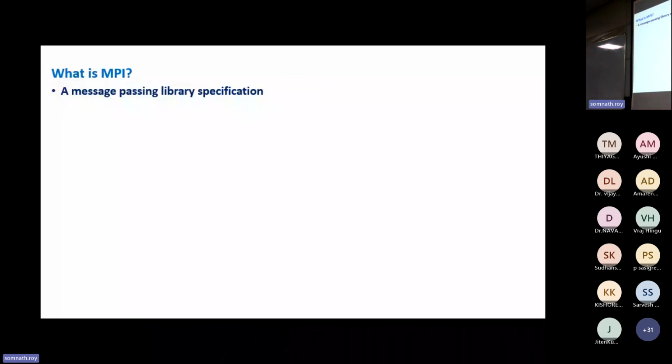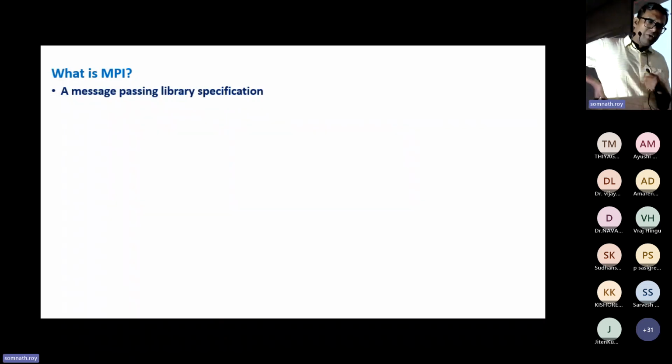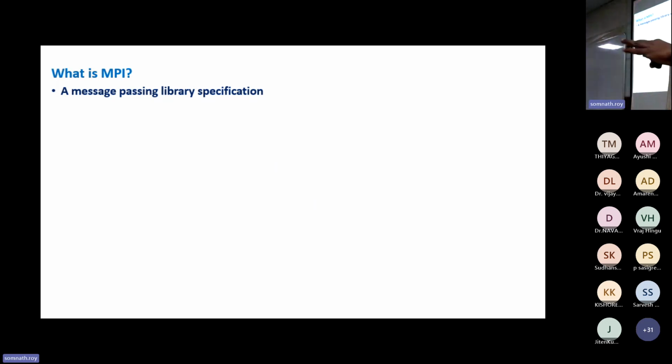So we come to MPI. Message passing is done universally for distributed computing. Shared memory parallelization, for example, can be done by OpenMP, which you have seen, can be done by pthreads, and so on.